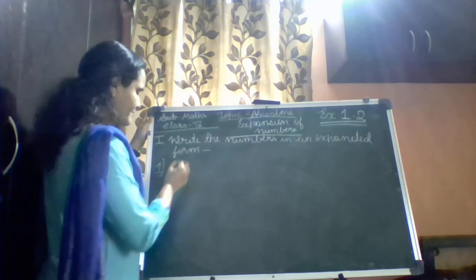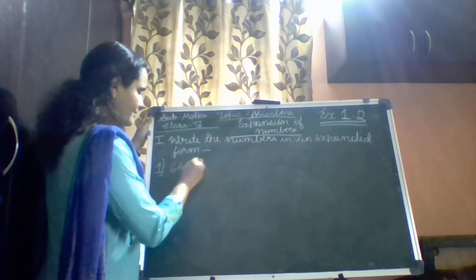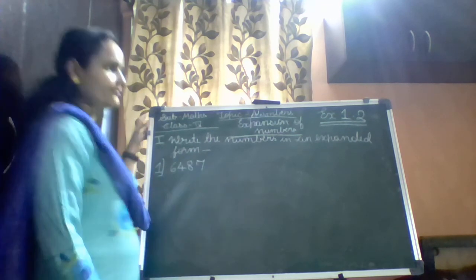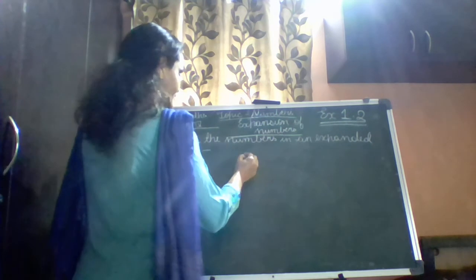First one, 6487. Okay, what we will do is, we'll first write the place values of the number here.